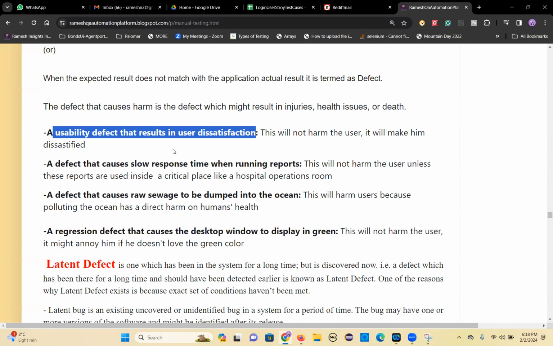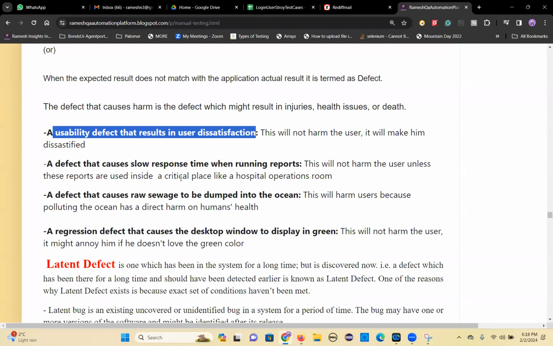Check whether any elements are overlapping each other, maybe text is overlapping each other, one text overlaps another element. Such kind of issues are all usability defects.